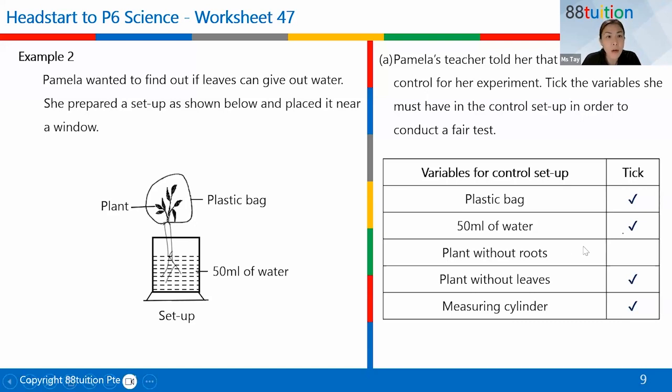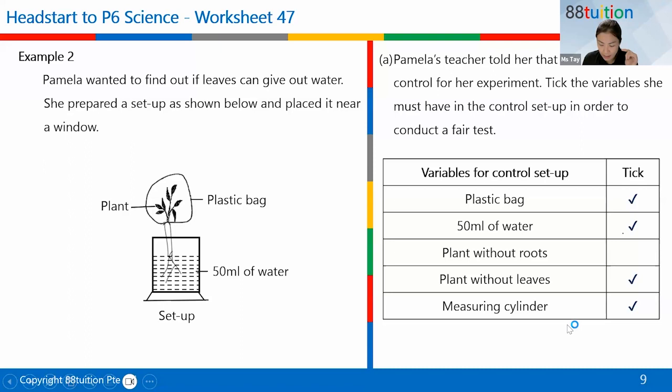But good try. Many of you tick all the other boxes correctly. Even when I never said that you don't tick one box, many of you actually got the other factors correct. The other variables you ticked correct. So you do get some half mark there. Not to worry. Can? So let's go on.